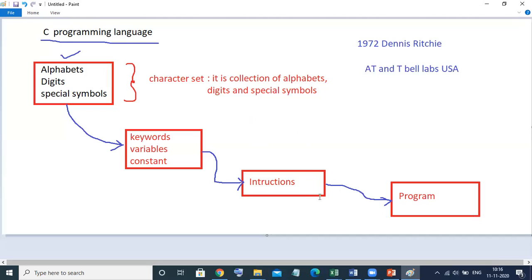In the next lecture, I will come up with details about the character set, then keywords, variables, constants, then instructions. Then definitely we are going to form a first program. Then I hope you will be confident to make programs very easily.